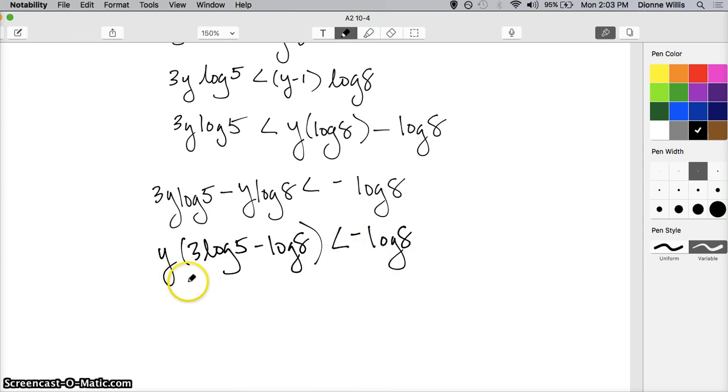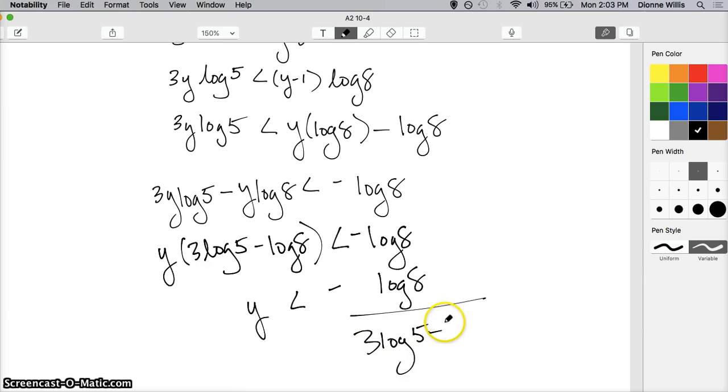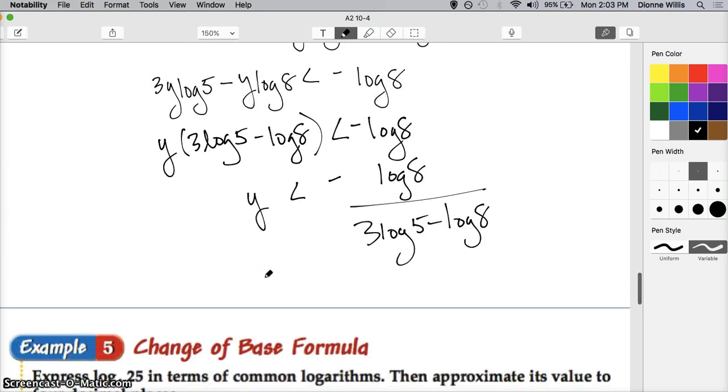And so now you can see that all I have to do is bring everything over to one side by dividing both sides by this expression here. I'm left with minus the common log of 8 over 3 times the common log of 5 minus the common log of 8. And now this is really just a calculator pusher kind of move. You're going to plug that into your calculator and we'll get that y has to be less than a couple values here.